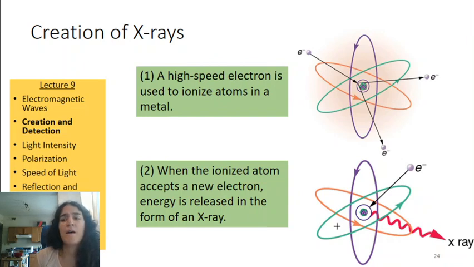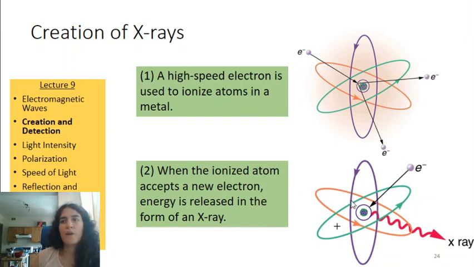But then eventually this ionized atom accepts a new electron, and when that happens, the atom needs to emit a photon of light that has the same energy as the energy that is gained by the electron or lost by the electron when it falls into the potential energy of the atom, right?